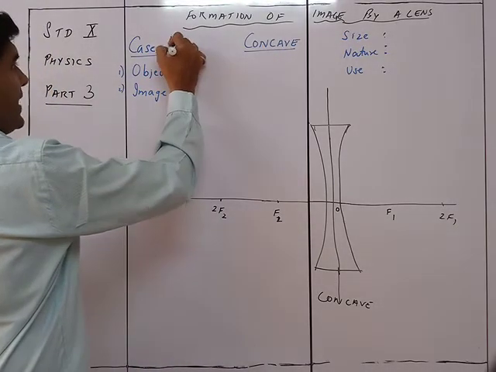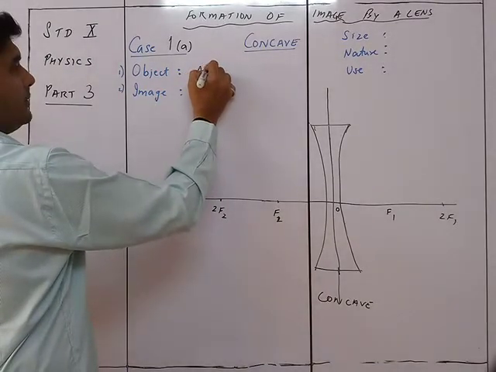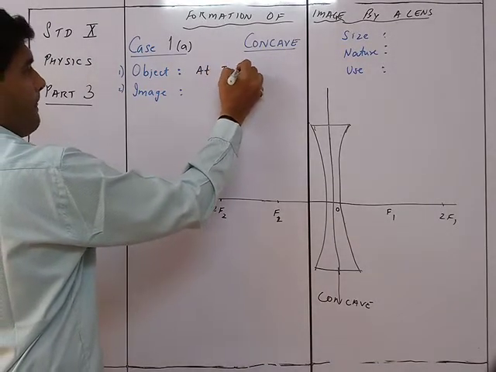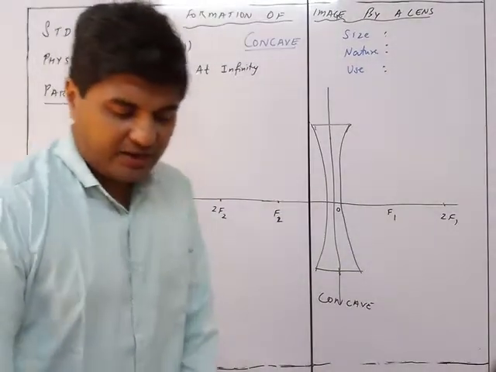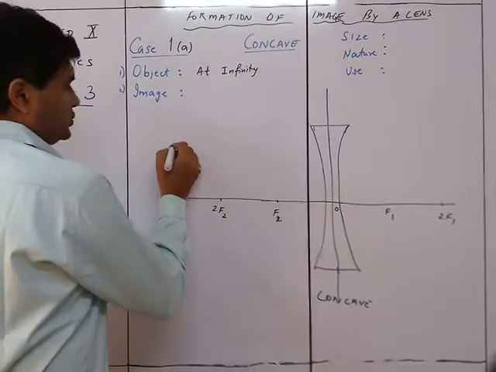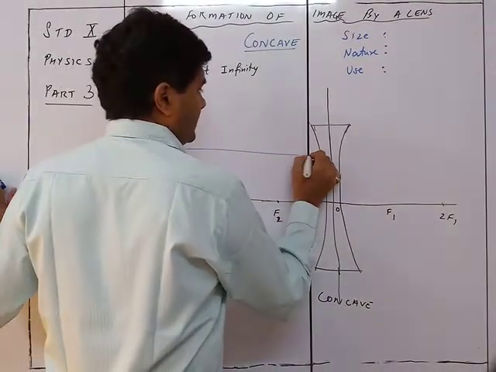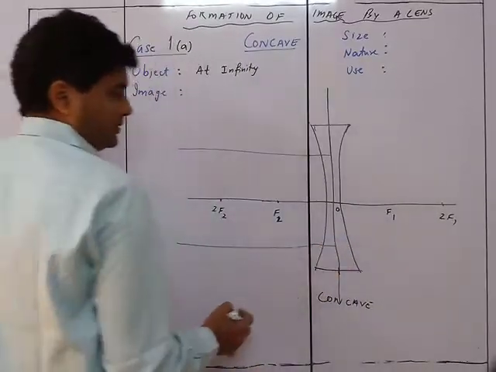First one, case 1A, object at infinity. So when the object is at infinity, what do we see? The rays of light are parallel to each other coming over here. So there are two rays coming parallel to each other, like this one, and like this the second one coming here.